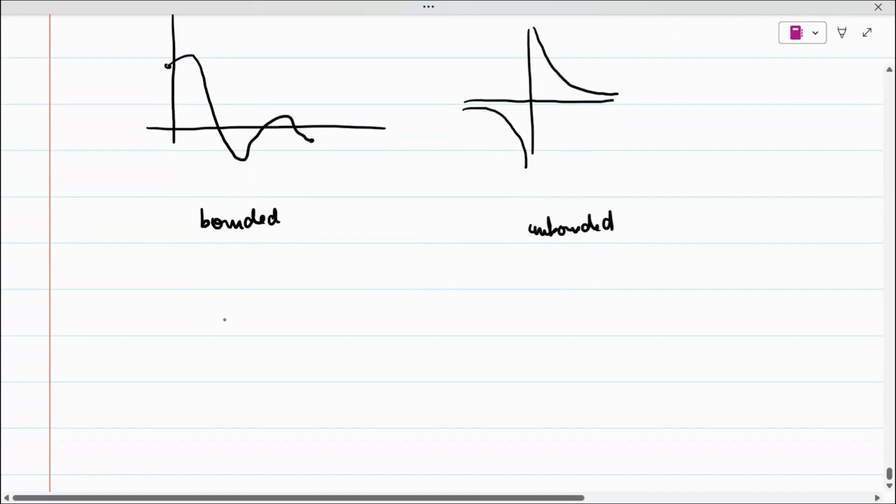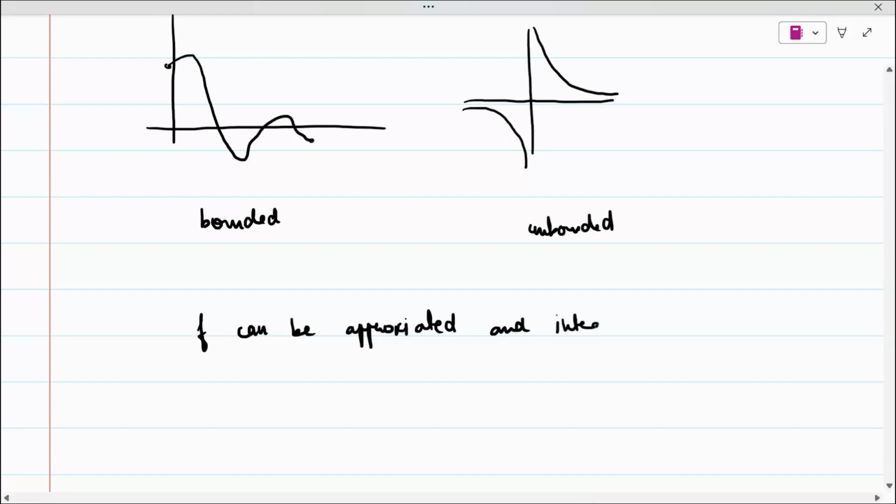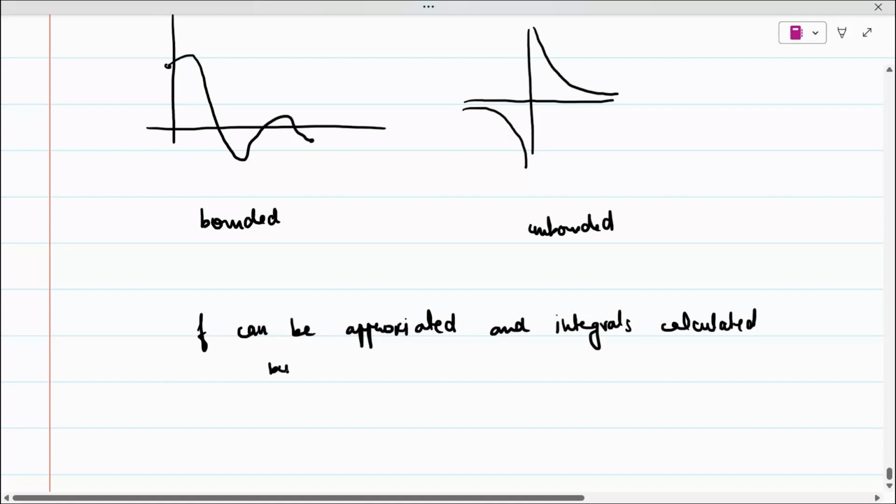So any function can be approximated and its integral calculated by using step functions.